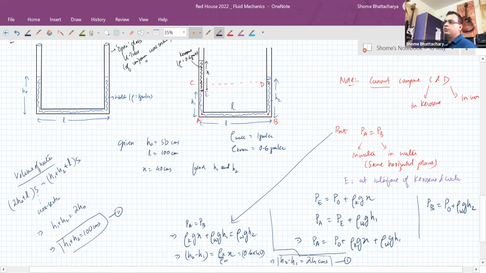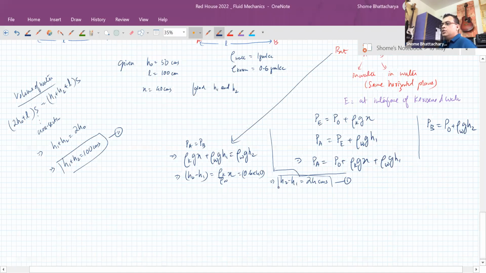So that's an alternate way of understanding the question. Anyhow, solving equations 1 and 2 will give you this final result. That's about Pascal's law application.